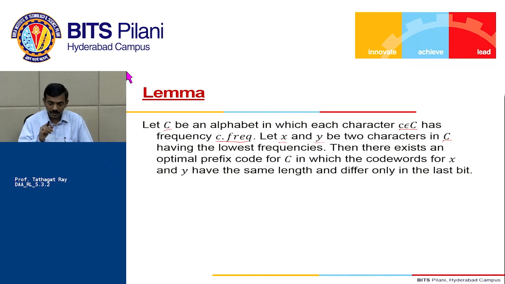Then the claim is that there exists an optimal prefix code for C in which the code words for X and Y have the same length and differ only in the last bit. It is a question of existence, that there exists an optimal prefix code for C in which the code words for X and Y have the same length.